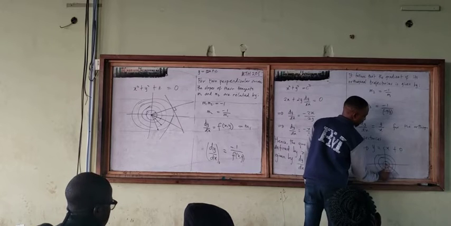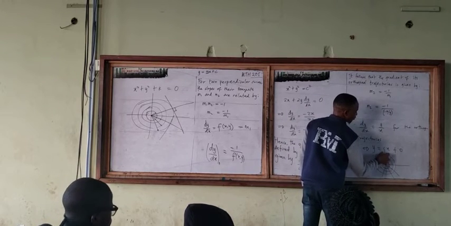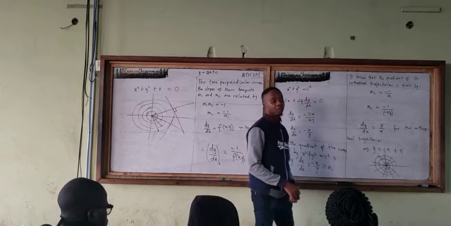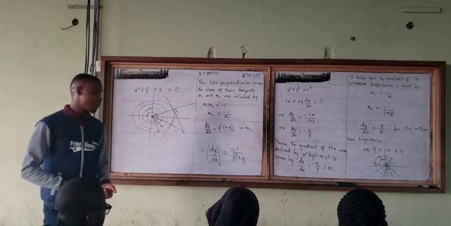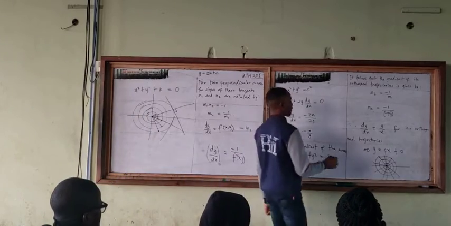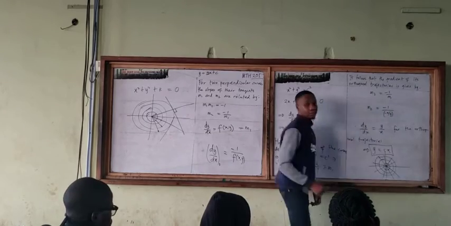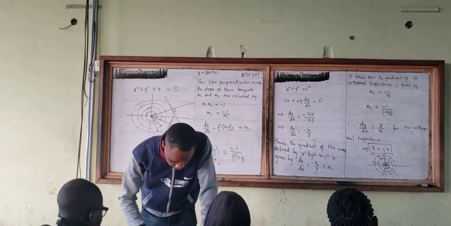Any straight line passing through the origin will definitely be perpendicular to one of these circles at a particular point. Does it make sense to you at all? Alright, so that's what we mean by orthogonal trajectories. So this is your answer. Just get y is equal to Cx and move on. That's the answer. Alright, so let's deal with another one.